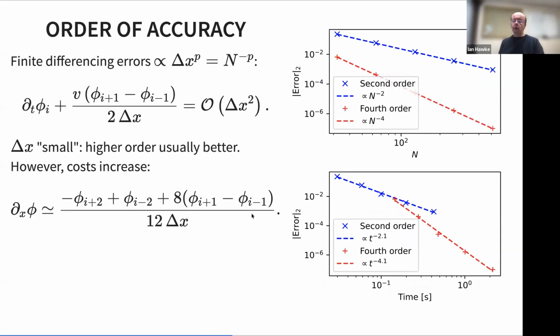In the numerical methods literature, people tend to quantify the order of accuracy of the method: compared to the representative step length of your grid, delta x, how does the error scale? Second order methods scale as delta x squared, fourth order as delta x to the 4. We will often link that to the number of degrees of freedom, which for finite difference methods is the number of points.